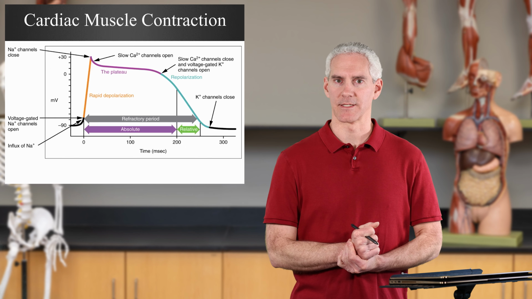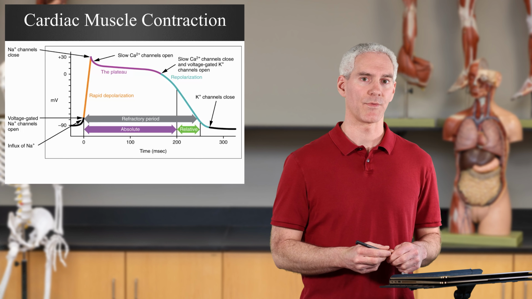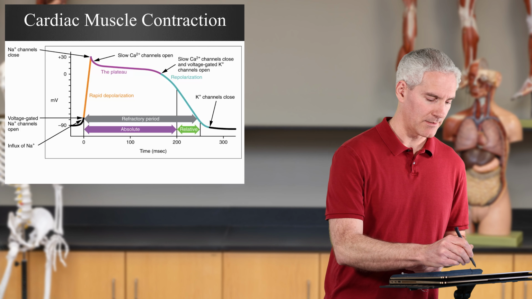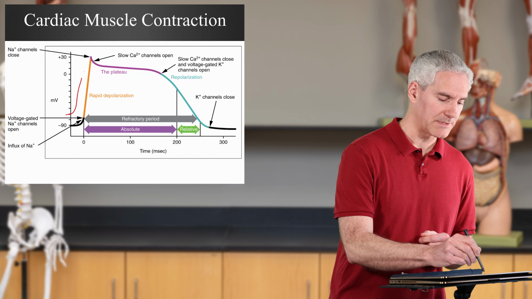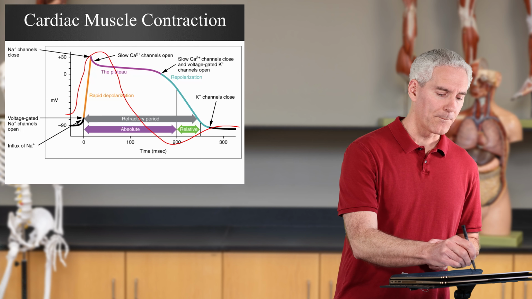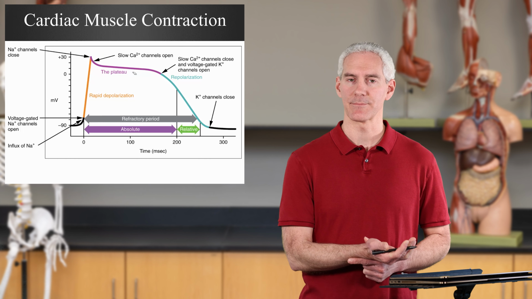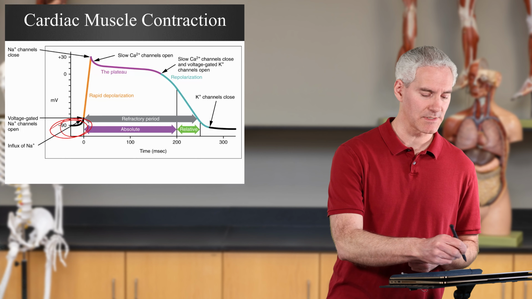So here's what it looks like. Now remember, if we were thinking about this back with skeletal muscles, with the neurons, this would have been, all right, fine. Start here at -70, go up, depolarize, and come back down, and we're done. But because we're now in cardiac muscle, we're starting down here at the -90 millivolts.